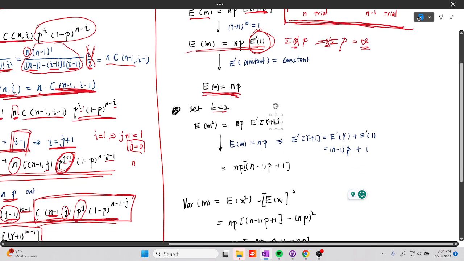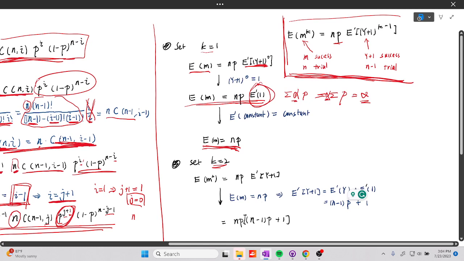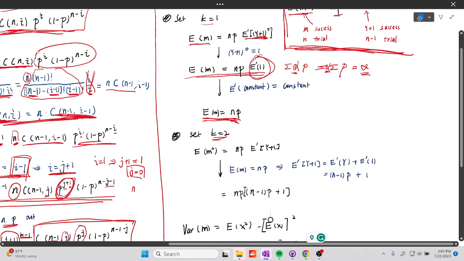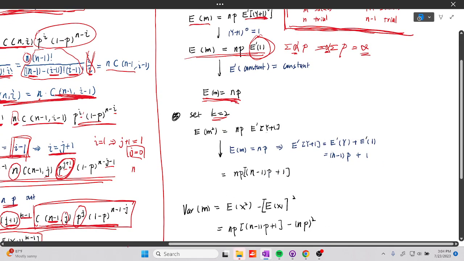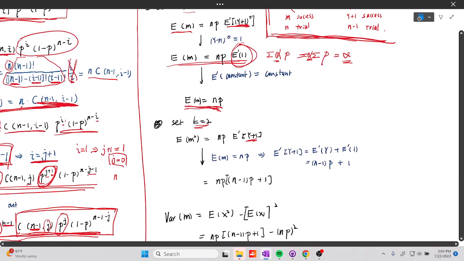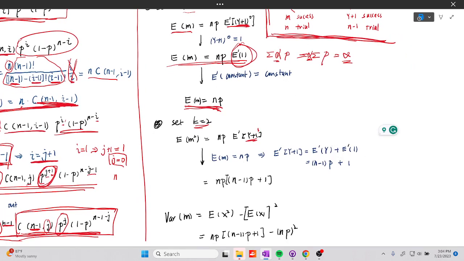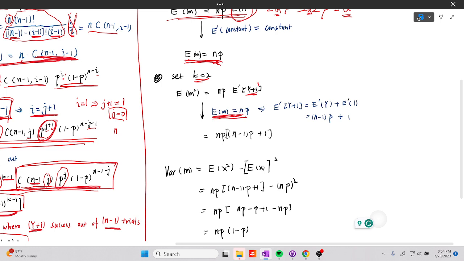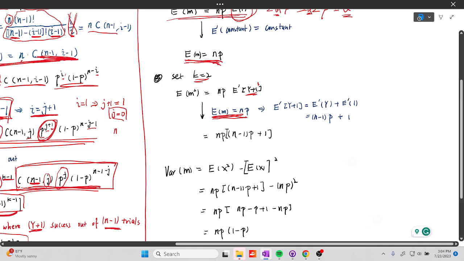And let's set k equals 2, plug in the same formula that we have: E[m squared] equals np E prime of (j plus 1), because it's k minus 1, right? So it's going to become the first power. Since we know from the previous derivation that E[m] equals np, we can calculate the E prime of j plus 1.